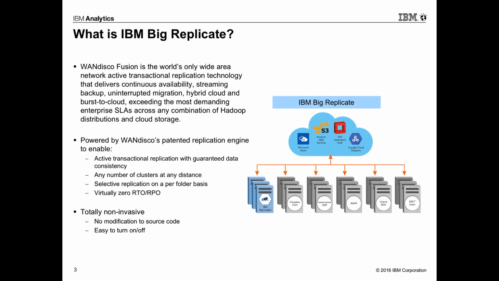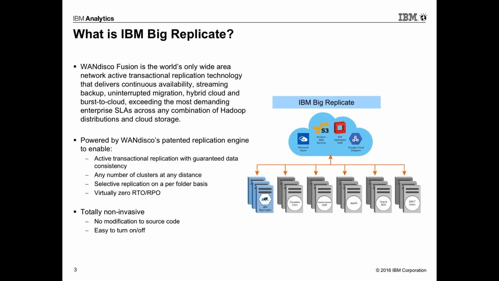We do this with any combination of Hadoop distributions and cloud storage, whether that's IBM BigInsights, Cloudera CDH, Hortonworks HDP, or BigInsights, and so on, or you could have a mix of on-premise distributions and, on the other end, data stored in either Amazon S3 or IBM object storage. And that includes any of the other cloud providers as well.